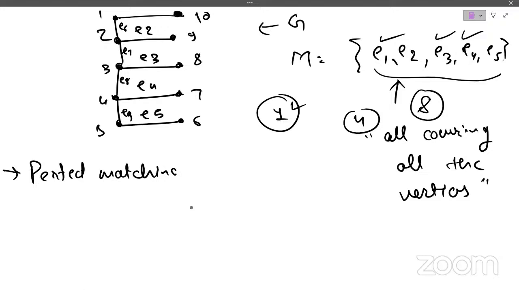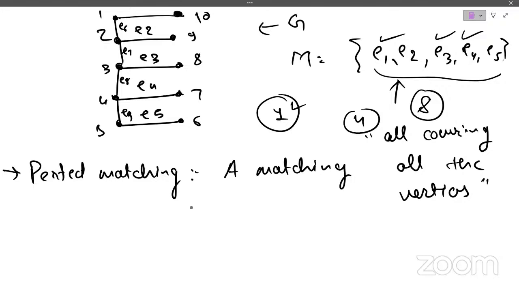That also is the catch here, because in a matching we cannot take all the edges, because in a matching any two edges should not share a common point. So that's why perfect matching need not always exist.